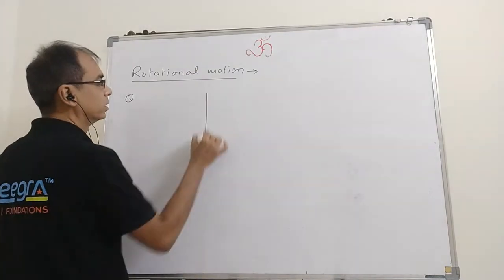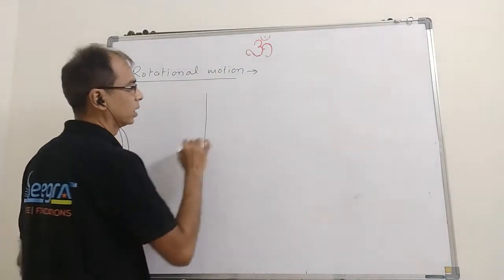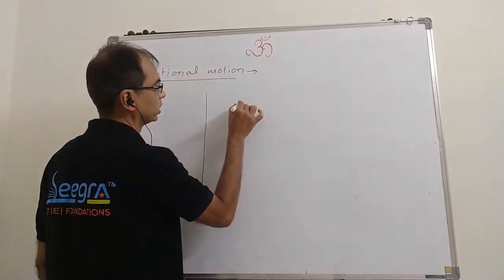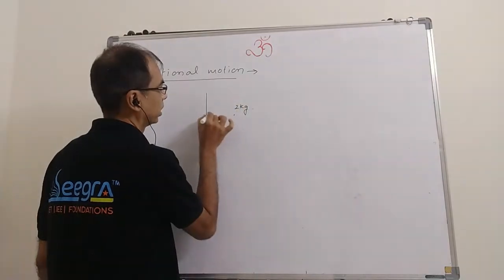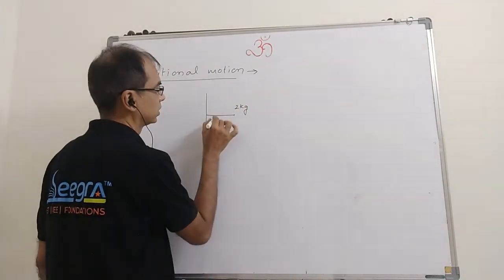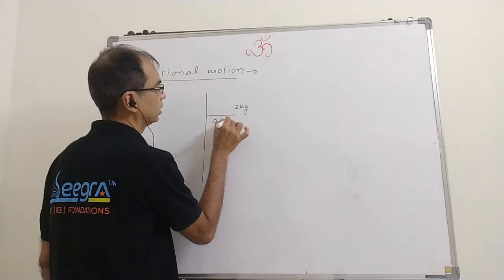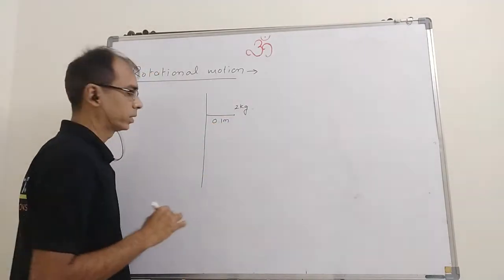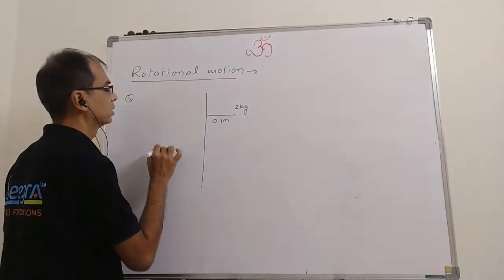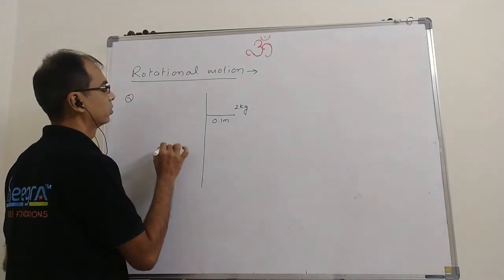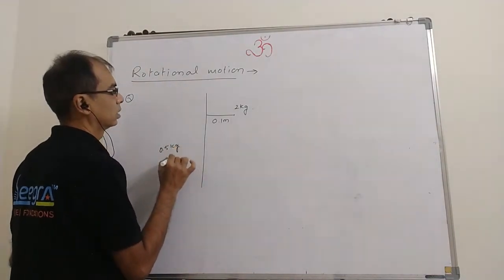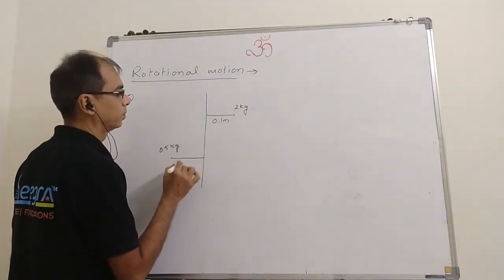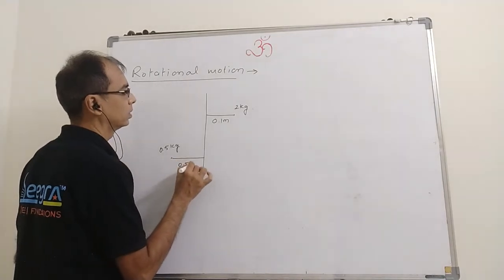So here is the axis of rotation. I have one particle here, 2 kg, and this separation is 0.1 meter. Here one particle is there, 0.5 kg, and this is given as 0.5 meter.